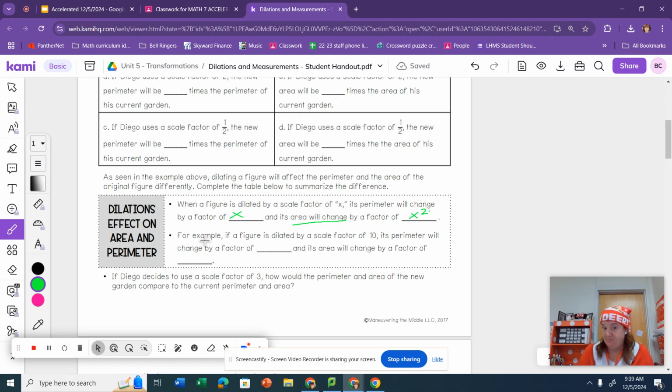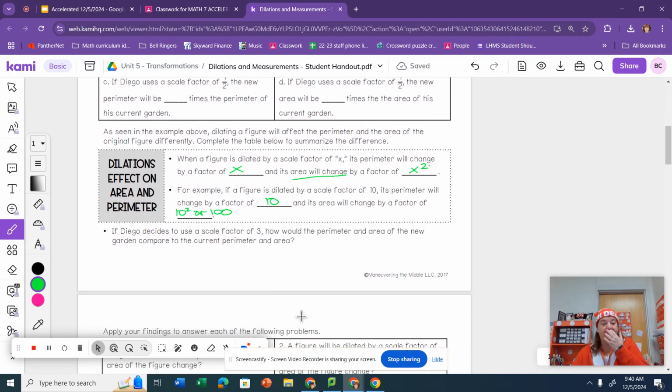For example, if a figure is dilated by a scale factor of 10, its perimeter will change by a factor of 10, okay? But its area will change by a factor of 10 squared, or 100, okay?